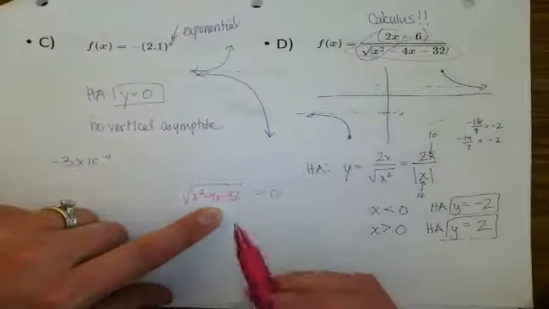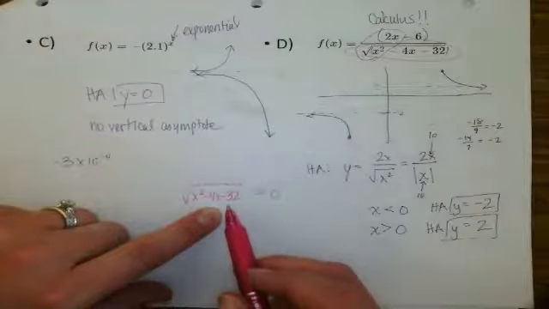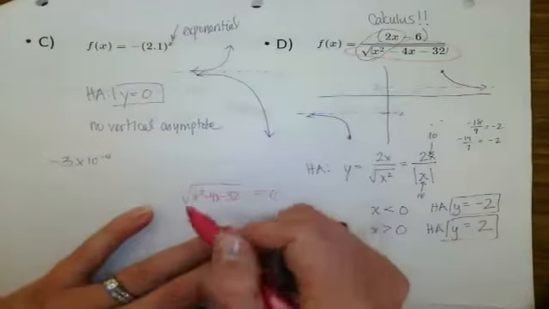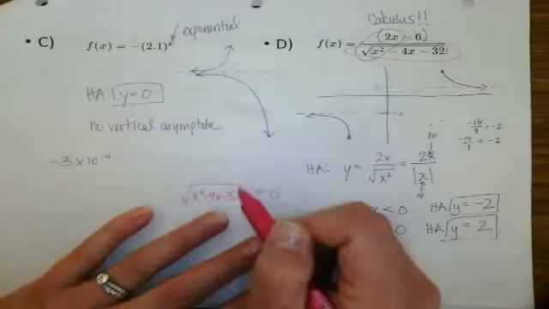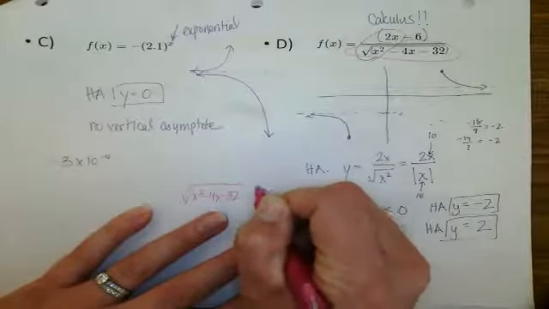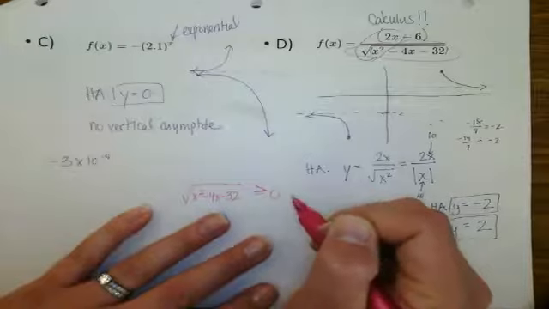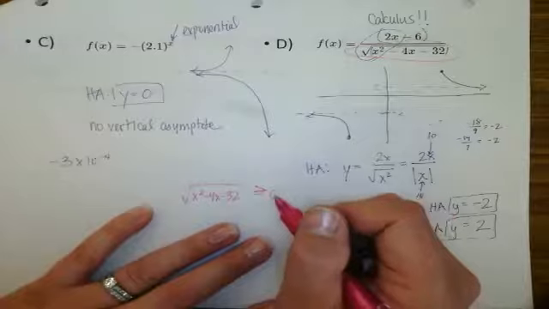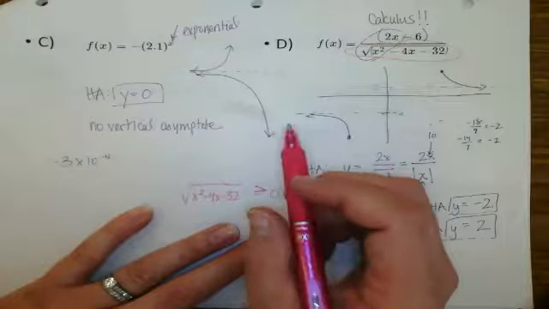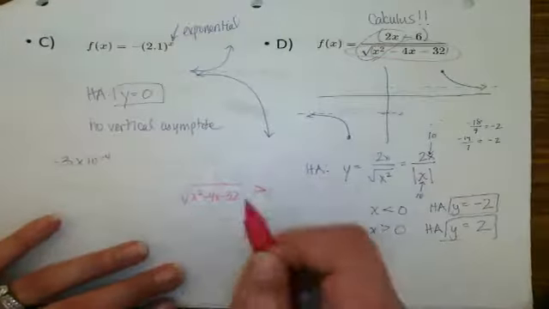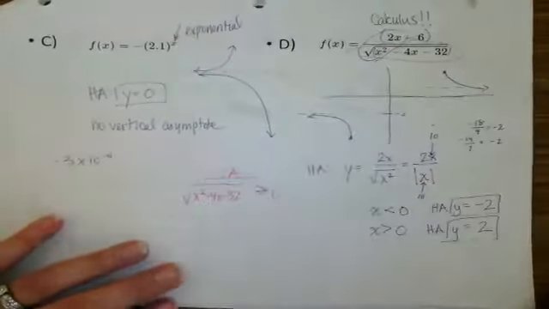But because this is under a square root, it also has to be greater than 0. Do I want to do it this way? All right. So we could solve this, and if we solve that, that's going to give us potentially vertical asymptotes.